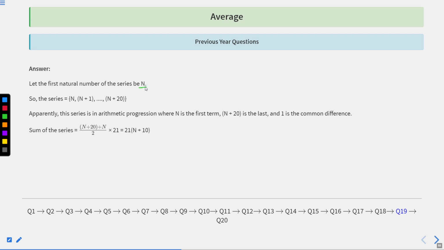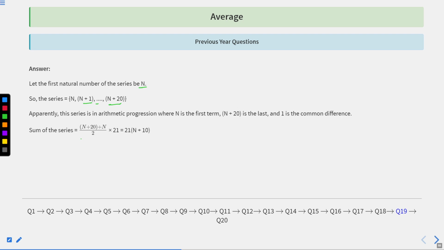We suppose this because the series provided to us is consecutive. So the first natural number is n, the second is going to be n plus 1, the third n plus 2, and the 21st natural number is going to be n plus 20. Apparently, this series is an arithmetic progression where n is the first term, n plus 20 is the last, and 1 is the common difference.